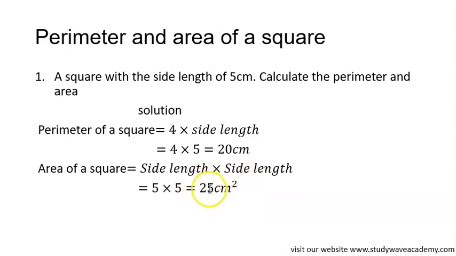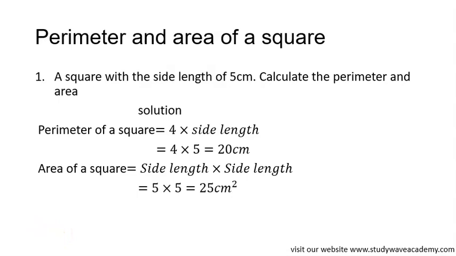When calculating the area of any shape, the unit is always in square, okay? Centimeter square if it's meter, meter square. The unit is always squared. So a square that has the side length of 5 cm, the perimeter is 20 cm and the area is 25 cm square. Do you understand?